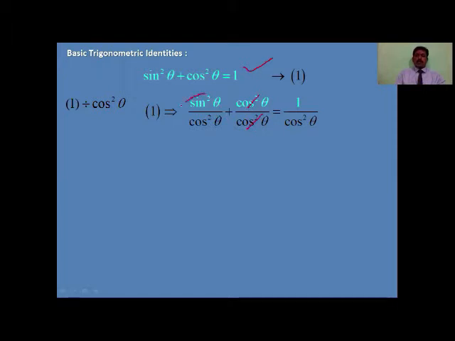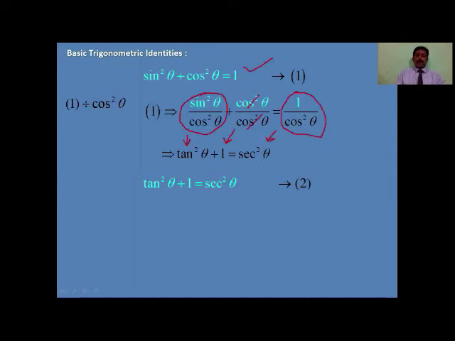This term is nothing but tan square theta from the trigonometric ratio, and this is nothing but our secant square theta. So this term can be expressed as tan square theta, this one is 1, and your right hand side is secant square theta. Therefore our second identity is tan square theta plus 1 equal to secant square theta.